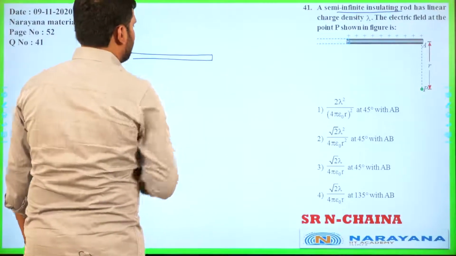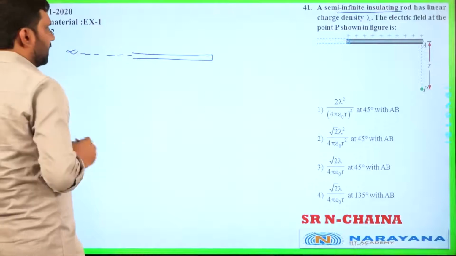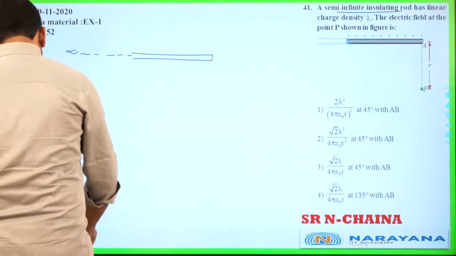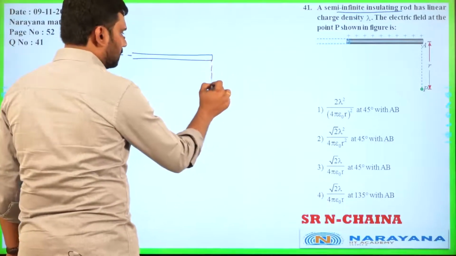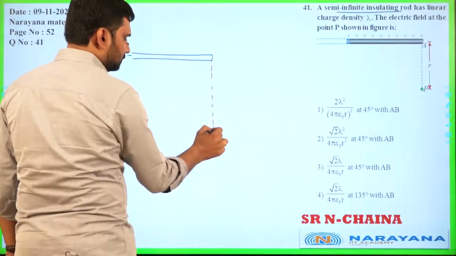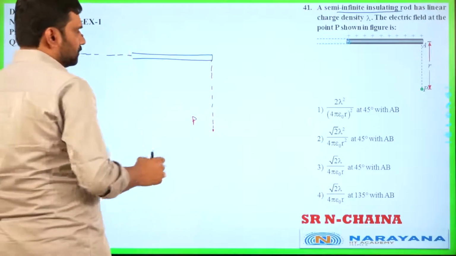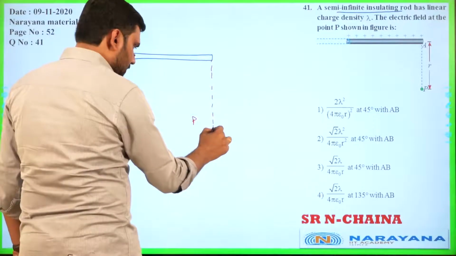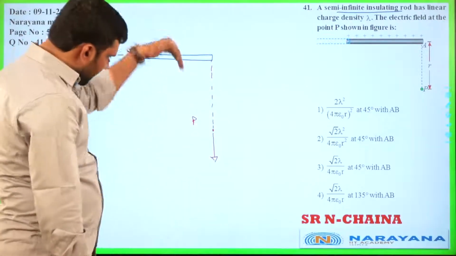so if we have a rough representation, let us say it is infinite in this direction up to infinity. So at the point P, the electric field for this entire thing, this is the x component.